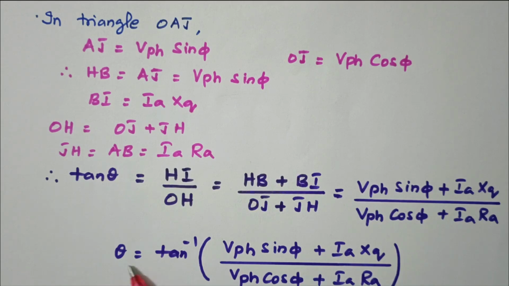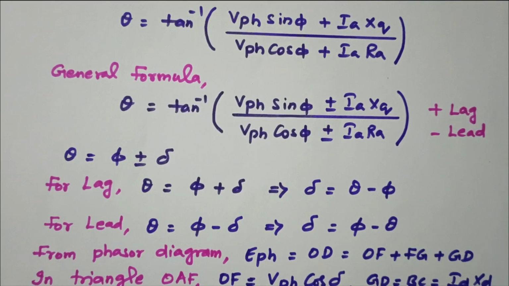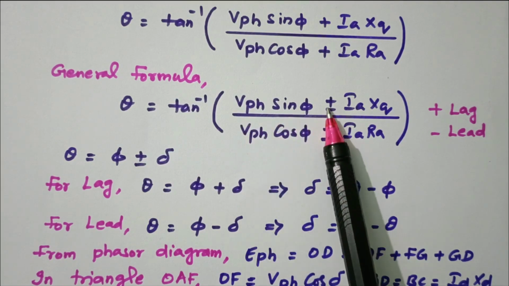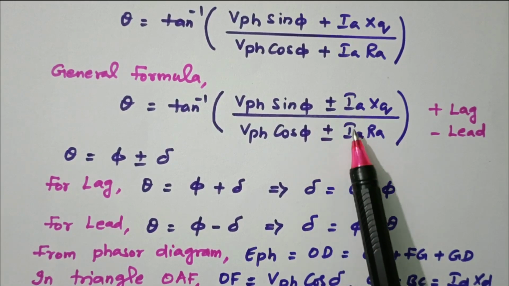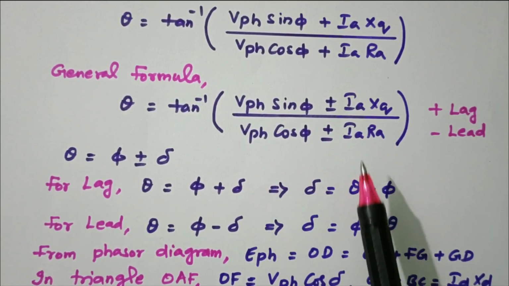Theta equals tan inverse of this term. So in general formula, theta equals tan inverse of V phase sin phi plus or minus IA XQ divided by V phase cos phi plus or minus IA RA.